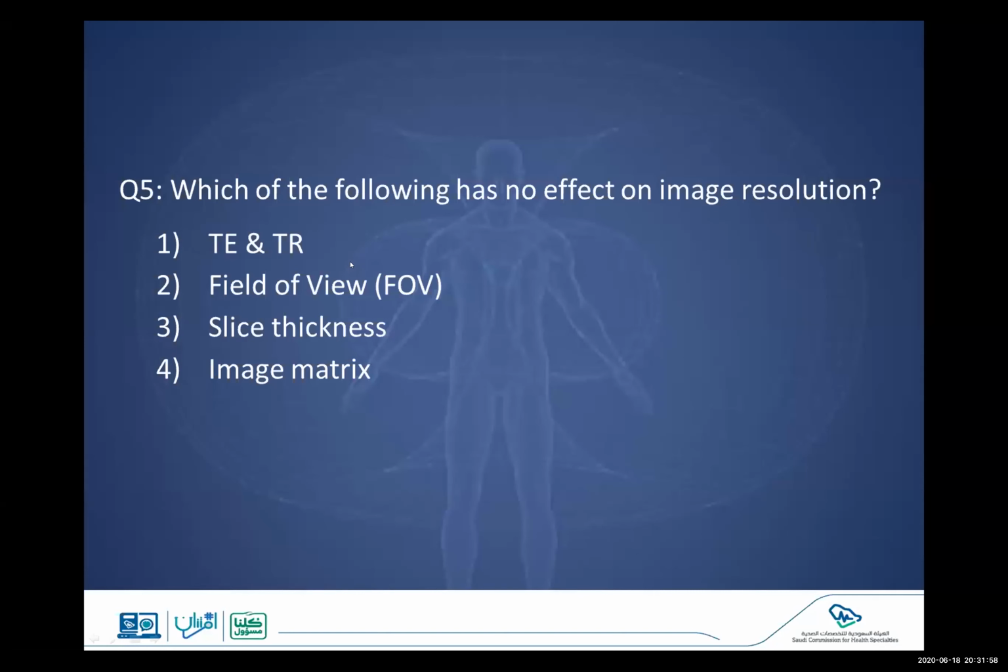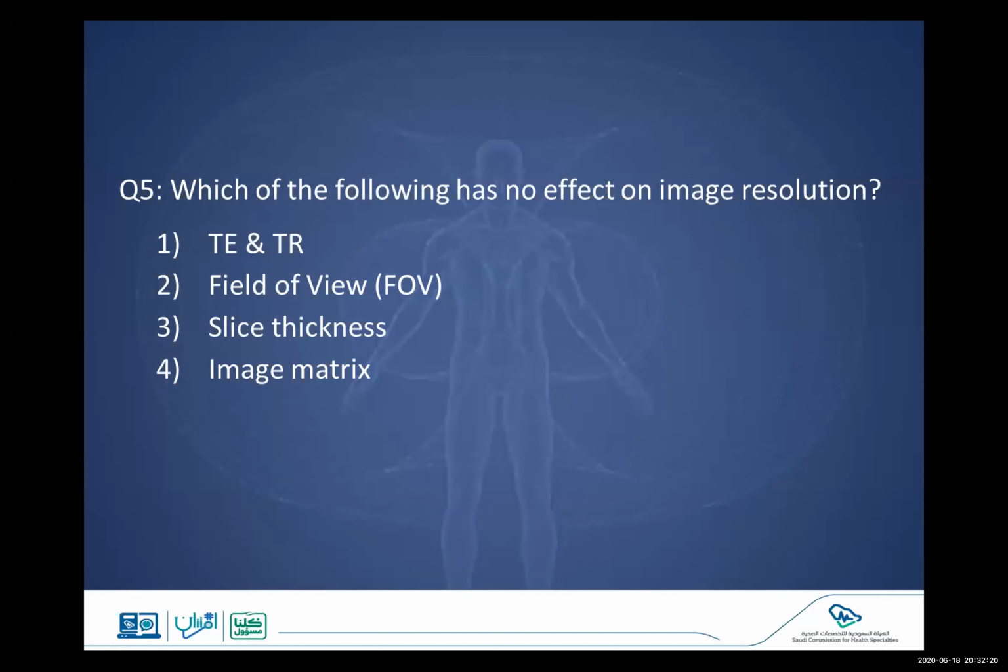So the correct answer is 1, because TE and TR affect image contrast, how the signal in each pixel is represented. Just quickly, any signal can be represented by its amplitude, phase, or frequency.